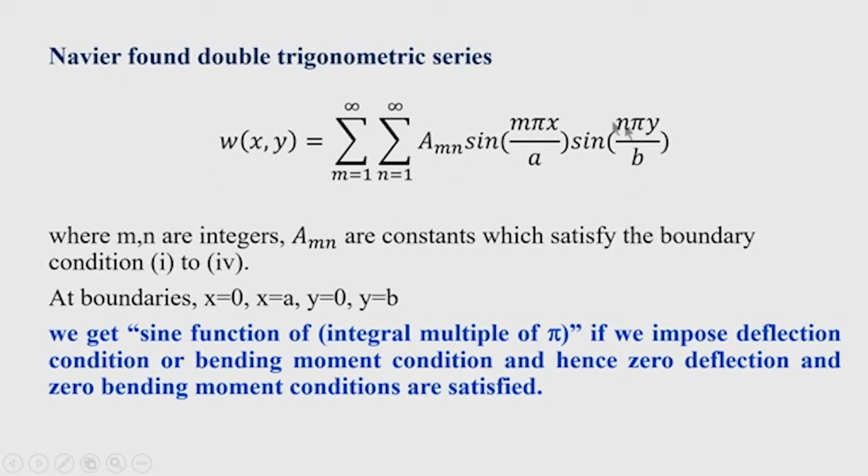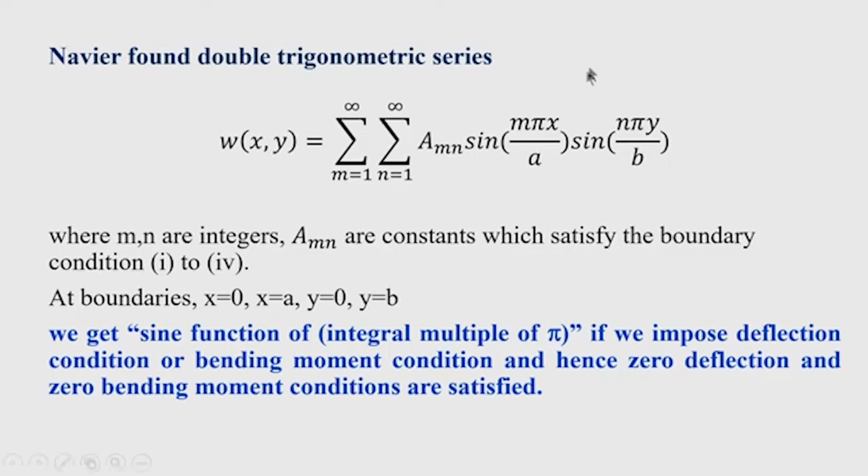This series that you are seeing is popularly known as the Navier series and it satisfies the boundary condition. You can see the boundary condition requires w is equal to 0 at x is equal to 0 and x is equal to a, and also w is 0 at y is equal to 0 and y is equal to b.